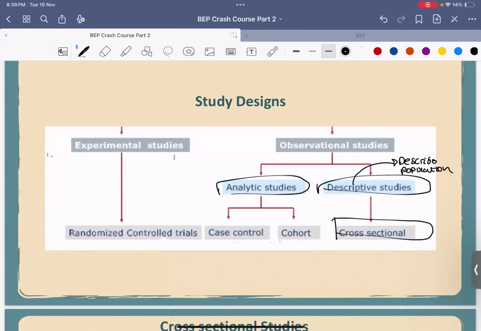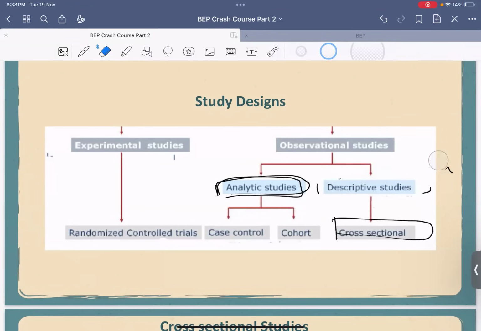So what do I mean by describing the population? What is a cross-sectional study? You go to someone, you distribute a survey, and in the survey you ask, are you a smoker? Yes. Do you have lung cancer? Yes. So you're describing the population: this is a smoker that has lung cancer. But in analytic studies, you're not describing a population.